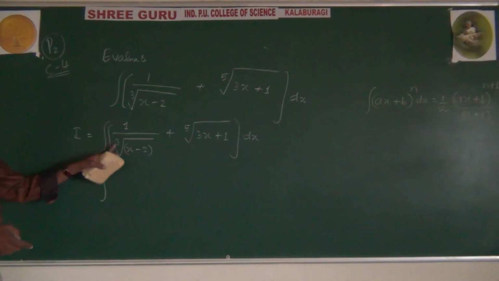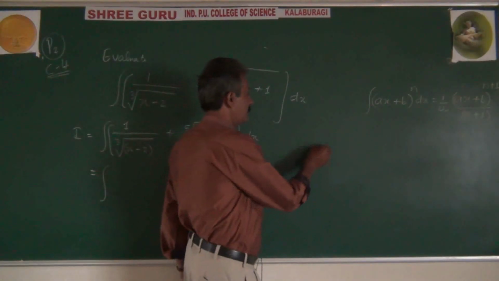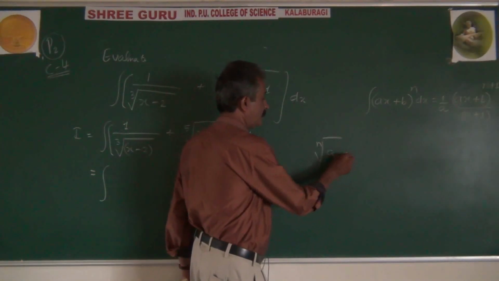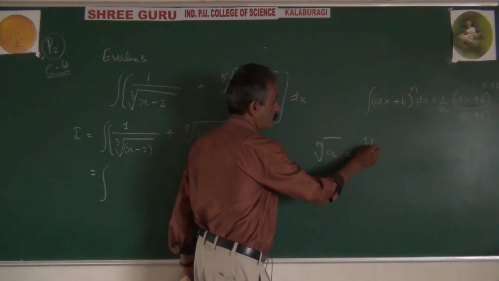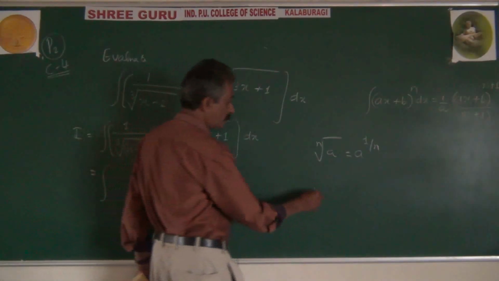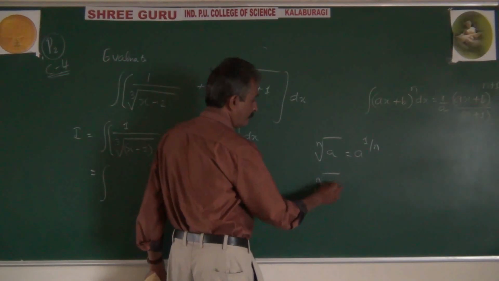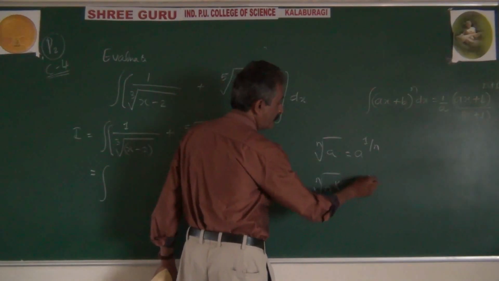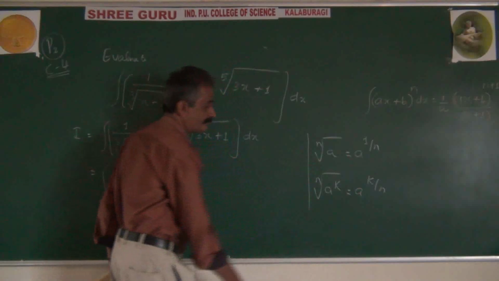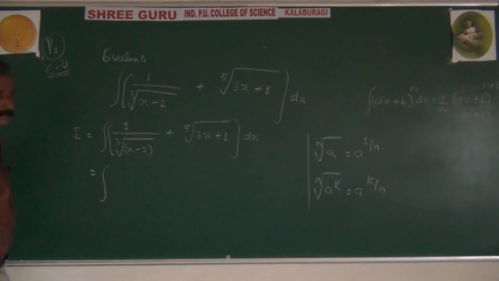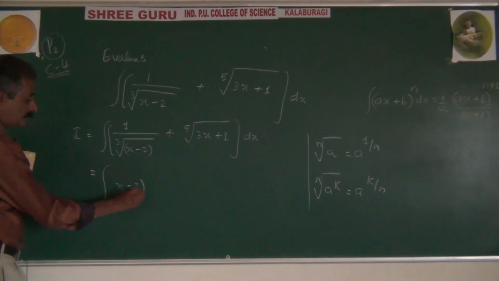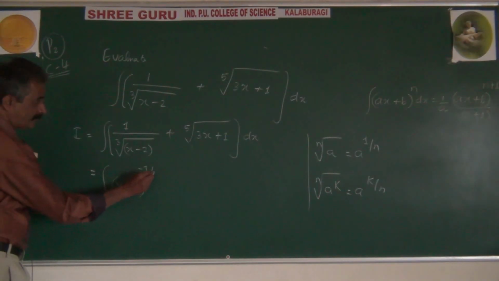What is the meaning of cube root? Power 1 by 3. Recall high school: nth root of a means a to the power 1 by n, and nth root of a power k will be a to the power k divided by n. So this is (x minus 2) to the power 1 by 3, but at the numerator it becomes (x minus 2) to the power minus 1 by 3.